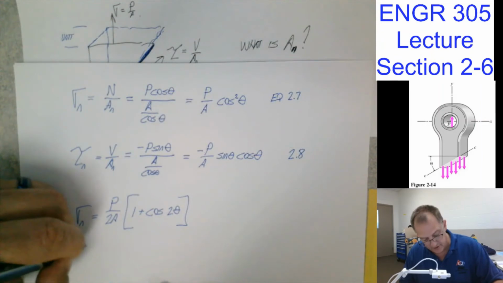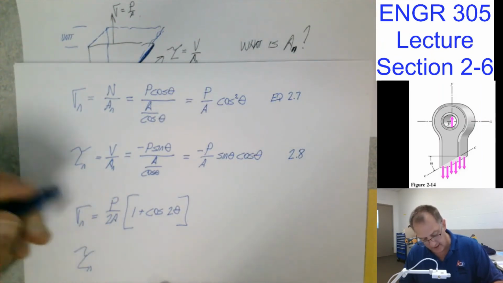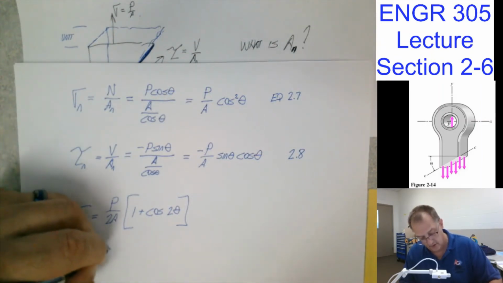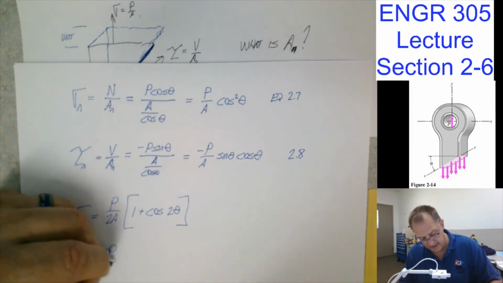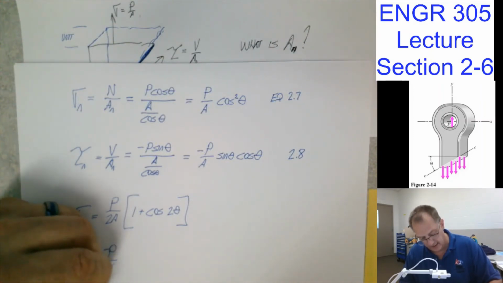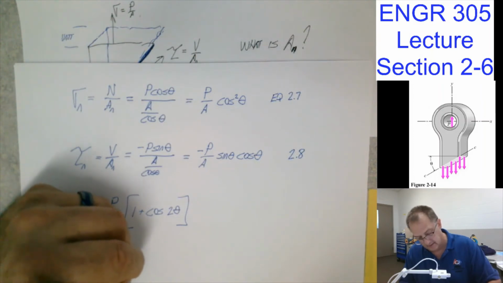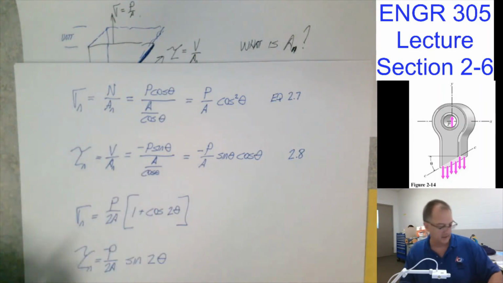And the other equation is the shear on that n face is equal to minus P over 2A times sine of 2 theta.